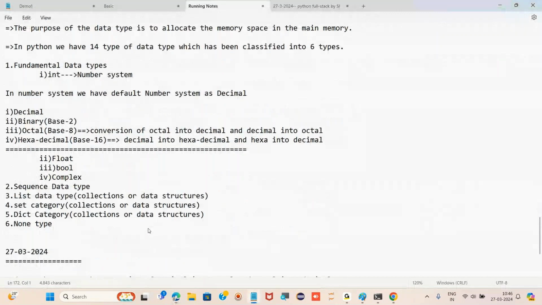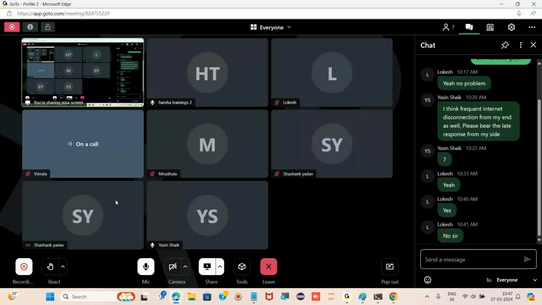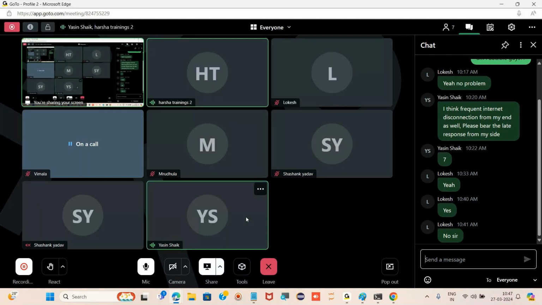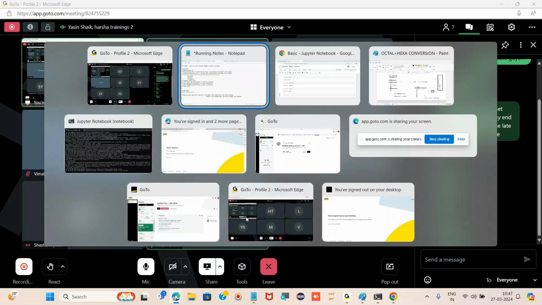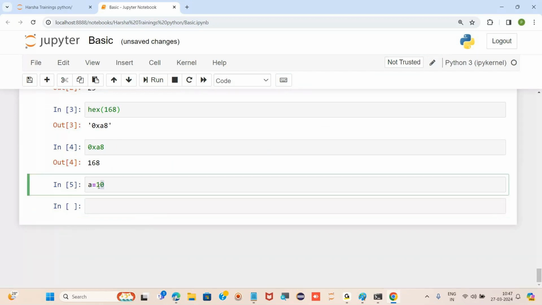So we have seen this integer. Integer is nothing but decimal values, sorry, it stores decimal values. No, we are talking about integer. Integer is what? When we are writing a is equals to 10, 10 is an integer kind of data, right?